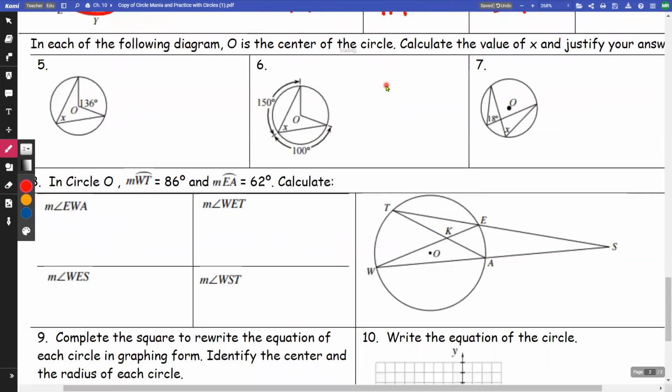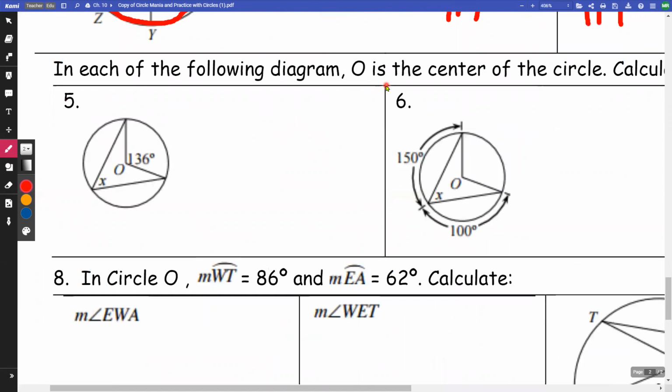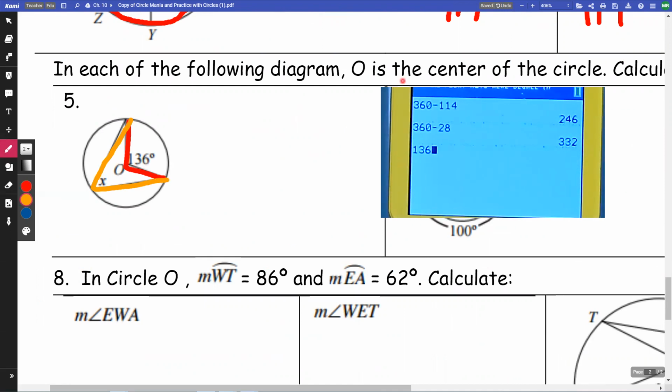So this next section, my X, if this is 136 and this inscribed angle forms the same one, it's going to be 136 divided by 2, which is 68 degrees.